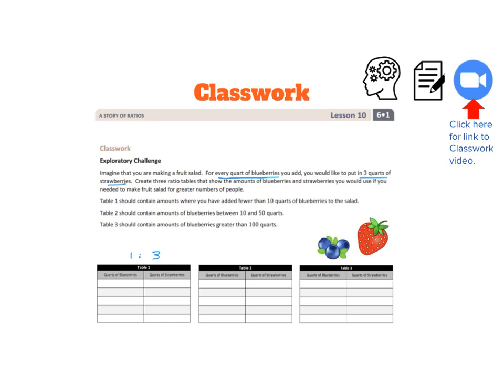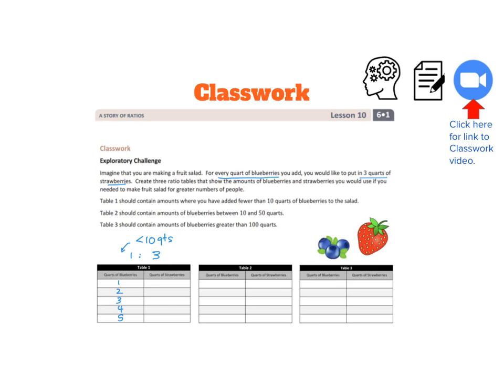We've got these 3 tables though, because in some cases you're going to need to make a massive quantity, right? So this first table, they say you have added fewer than, so less than 10 quarts of the blueberries. So I can have any number in there. I'm going to go 1, 2, 3, 4, 5, but I could go all the way up to 9 if it's less than 10.